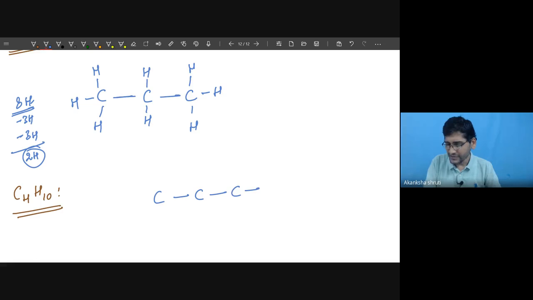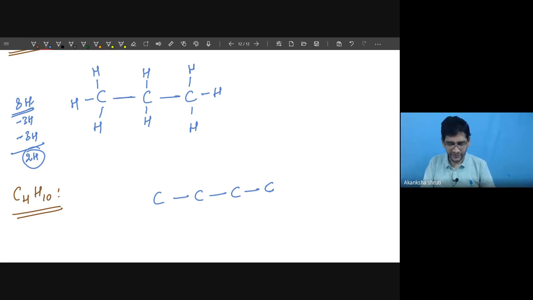At least first you draw the straight carbon arrangement. You go for distributing the 10 hydrogens. So the last one must have the 3 hydrogens.